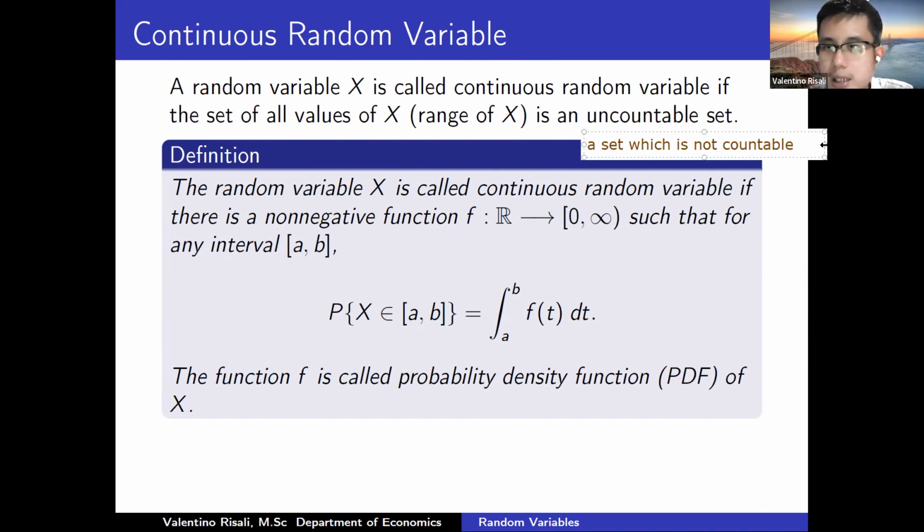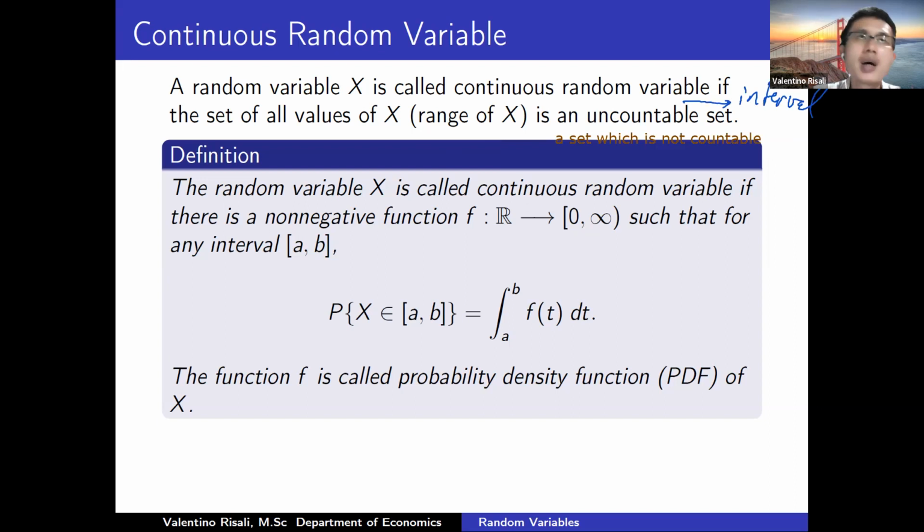In this lecture, we use interval for uncountable set. So if we have an interval, it is an uncountable set, and the continuous random variable is defined on this uncountable set.